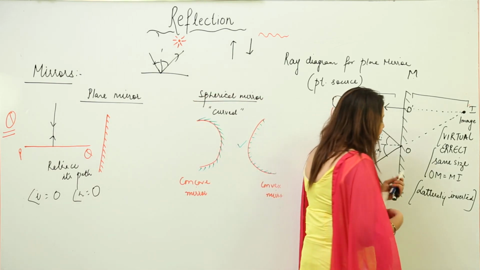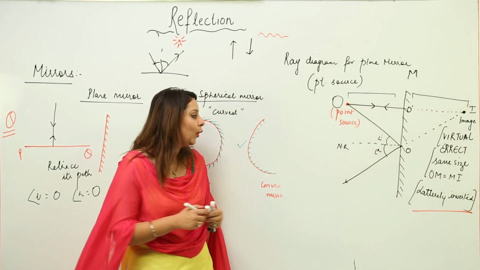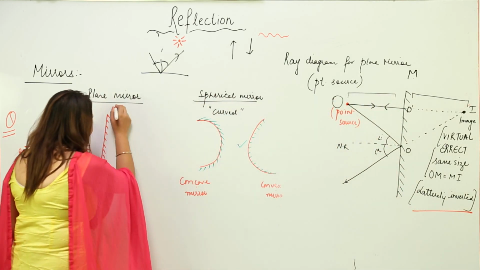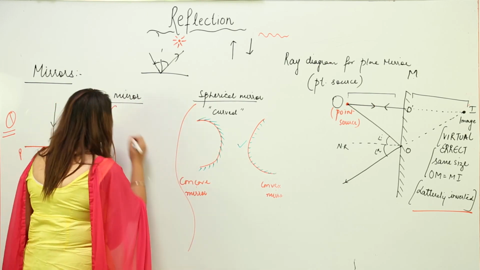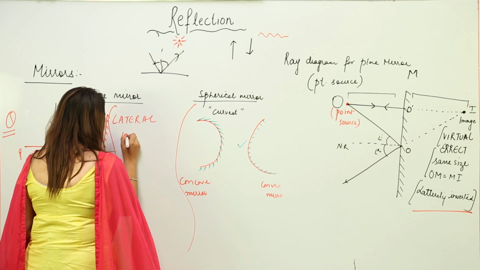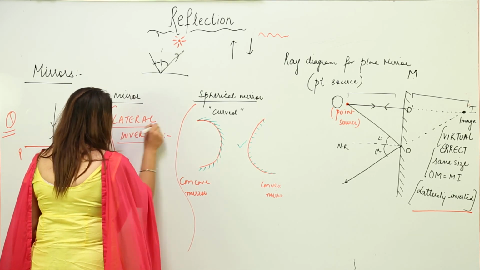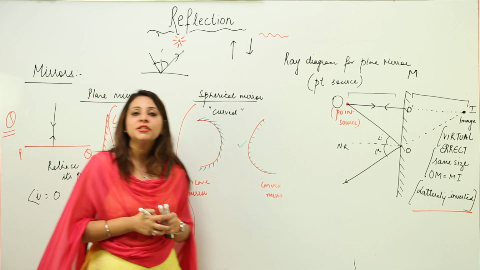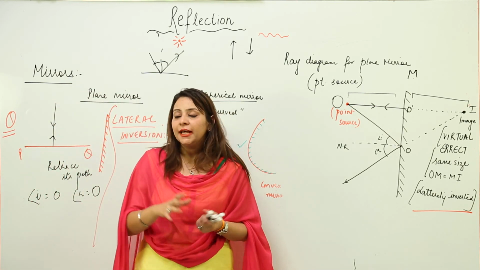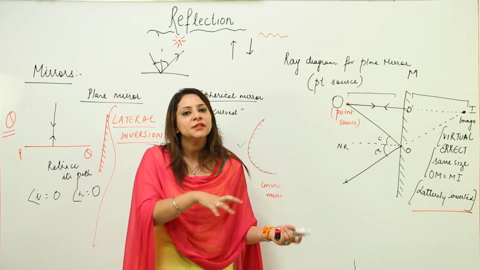And moreover, one interesting phenomenon you see is that the image is laterally inverted. Now what is this laterally inverted? We call this phenomenon lateral inversion. Whenever you see yourself in a plane mirror, then your left hand side becomes right hand side, and your right hand side becomes left hand side.